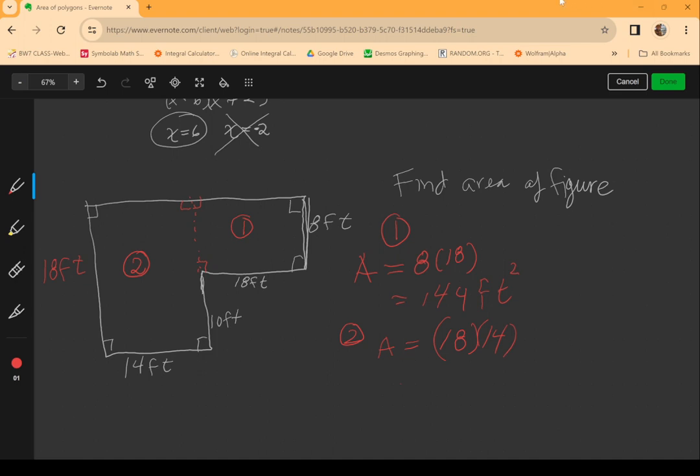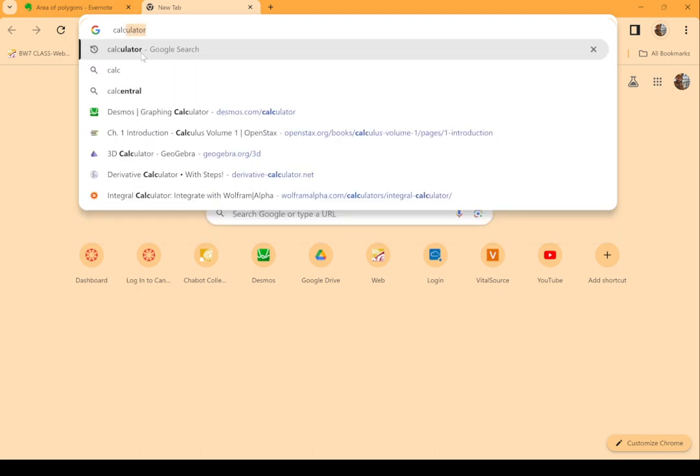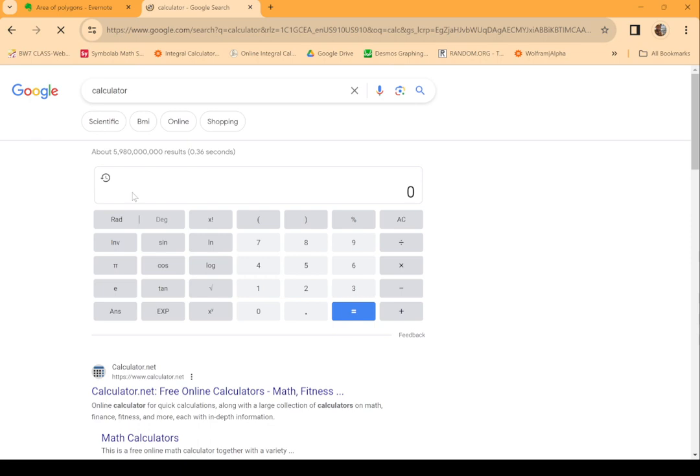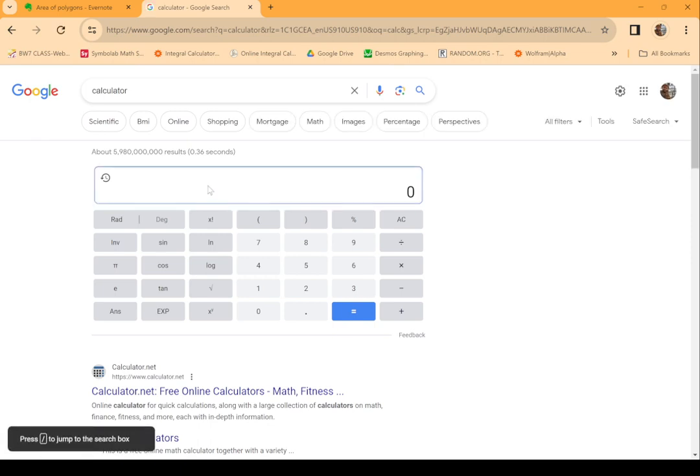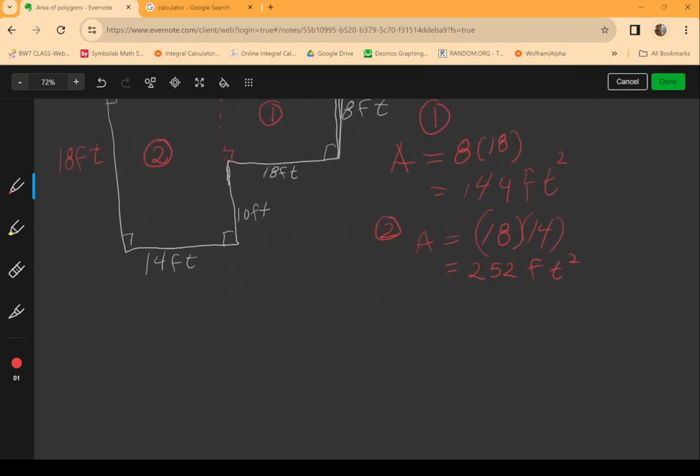I don't have my calculator handy here, so let's just do a quick calculation. 18 times 14, so we get 252 feet squared. But again, I'm not done with my problem here.